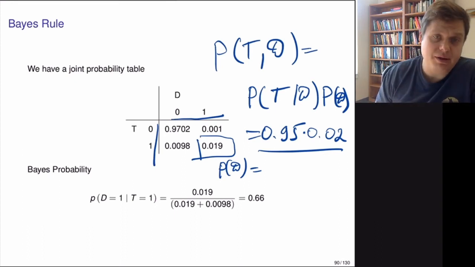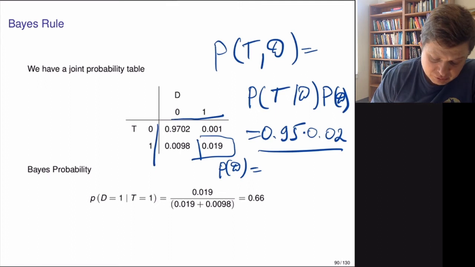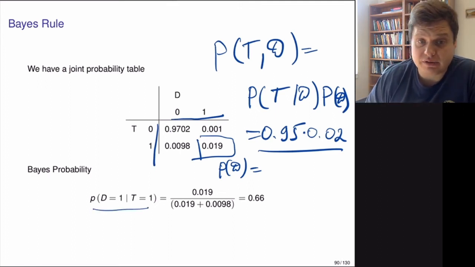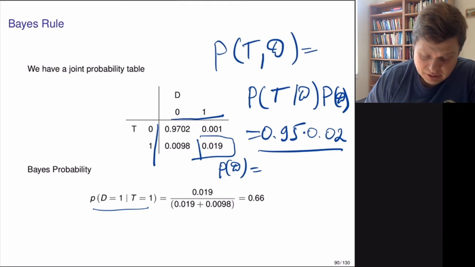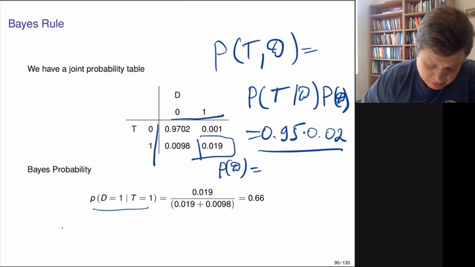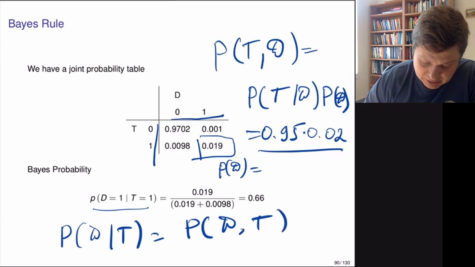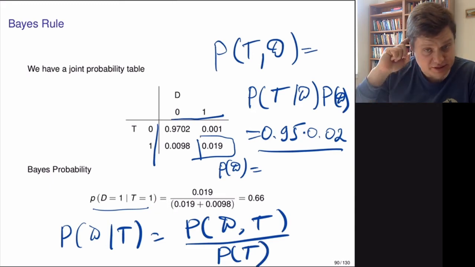And now if we apply the Bayes rule to this example, and if we'd like to calculate the probability that a person is actually sick, given that the test became positive, it's, you remember, just the joint probability of d and t divided by the probability of getting a positive test.